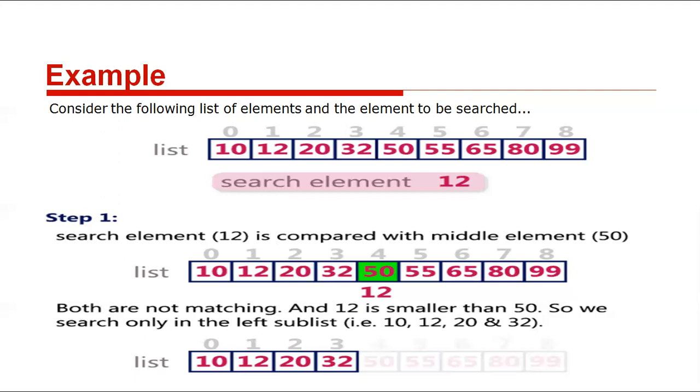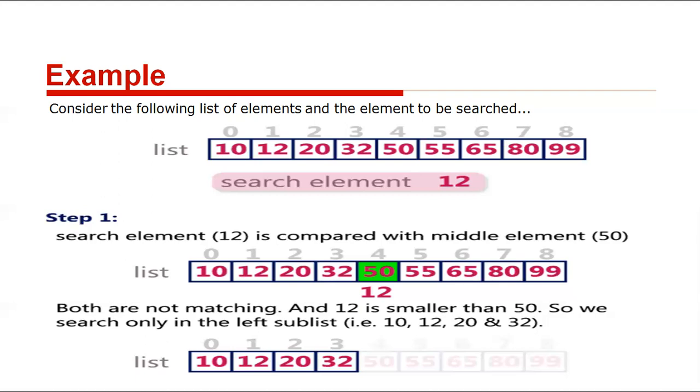Then the bottom equals 3, top equals 0. Now we want to find the middle element. Again we want to find the middle element, meaning again we want to divide this array.